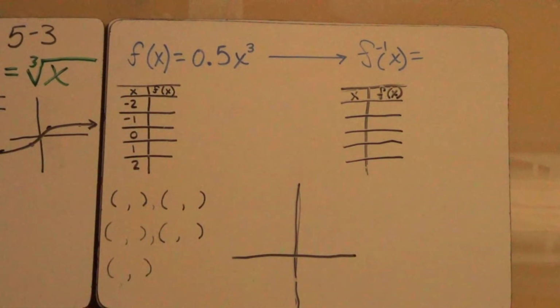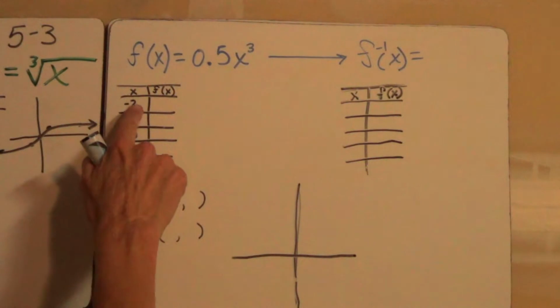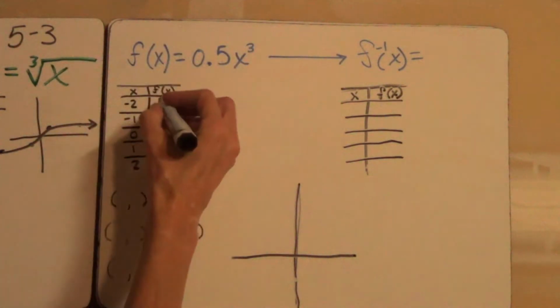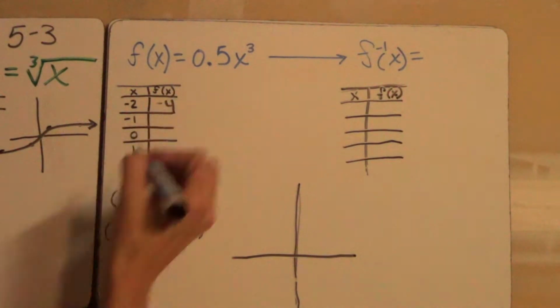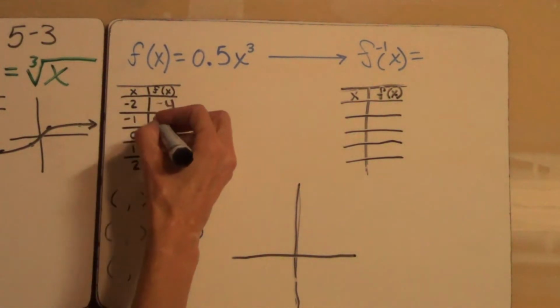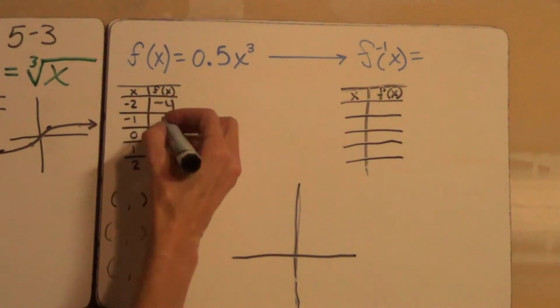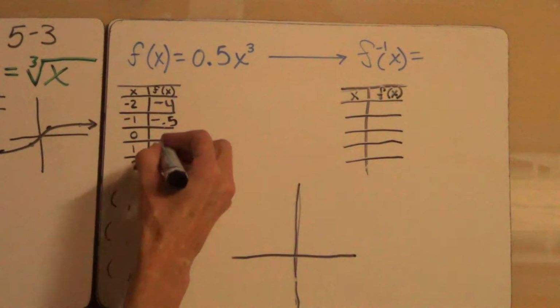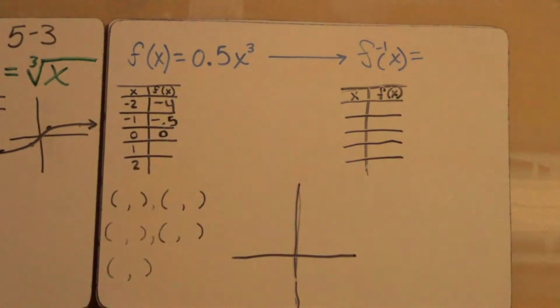Let's go ahead and graph 0.5 x cubed. So we already know -2 cubed is -8. Half of -8 is -4. -1 cubed is -1. Half of that is -0.5. 0 cubed, 0 times 0.5, is 0.